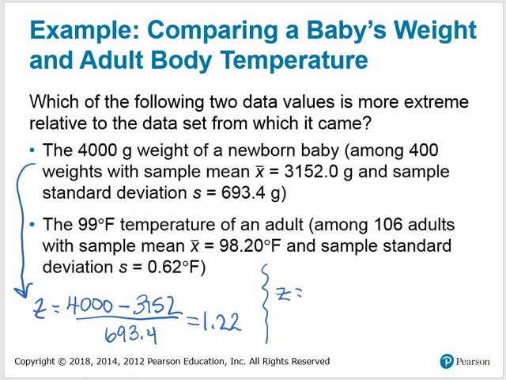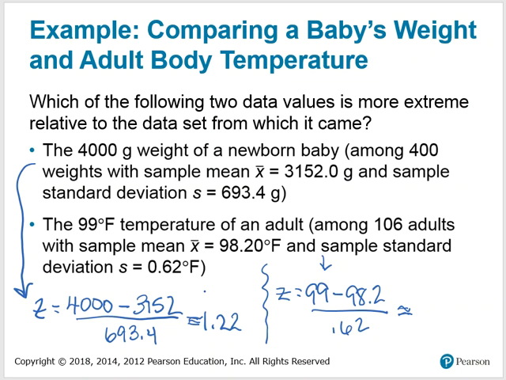So z equals, now we're doing the temperature one. The actual temperature is 99. We're minusing the mean of 98.2. We're dividing by the standard deviation of 0.62. This actually should have been an approximation because I rounded. And now we're dividing by 0.62.